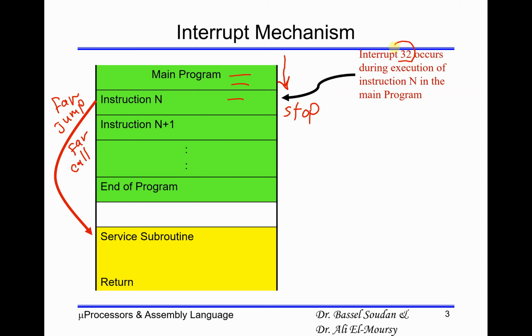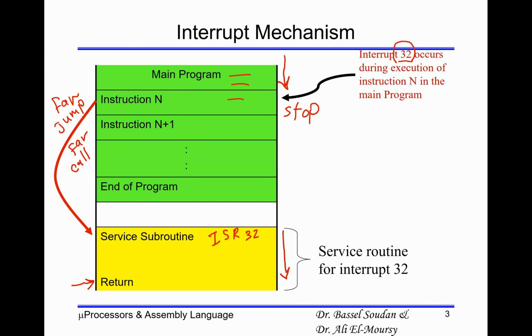interrupt number 32. So the microprocessor should know where to go in the main memory, so it will make a far call to the ISR for interrupt number 32, execute the code for interrupt 32, and once it reaches the return of that subroutine, it will go back.